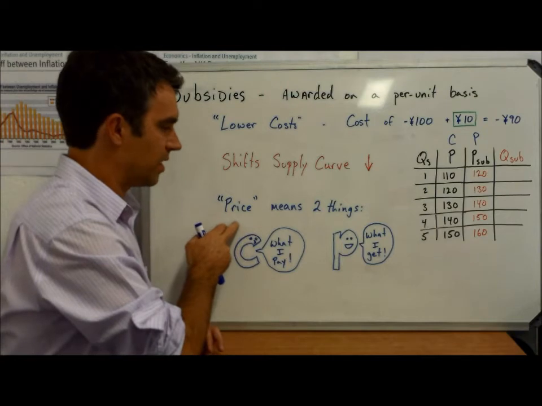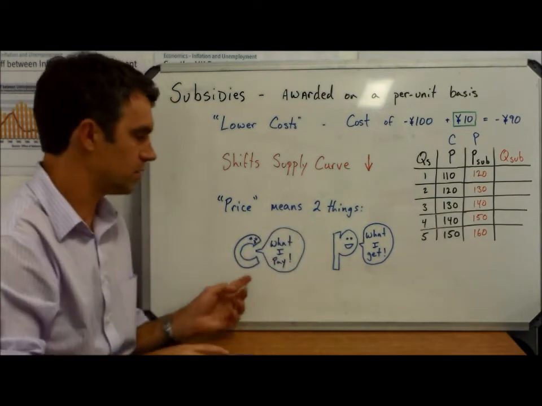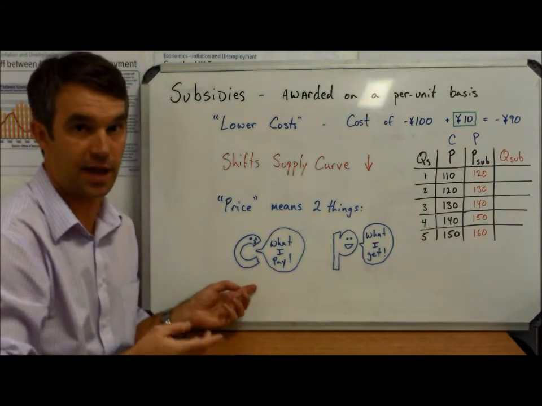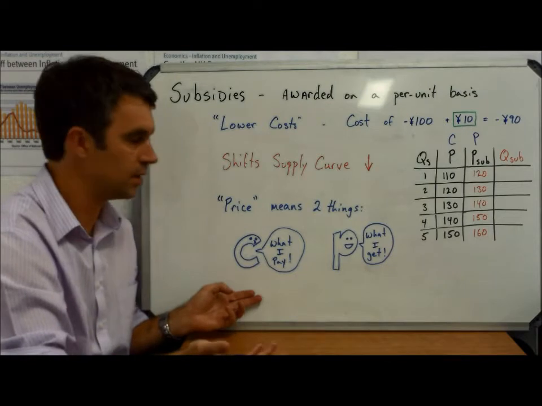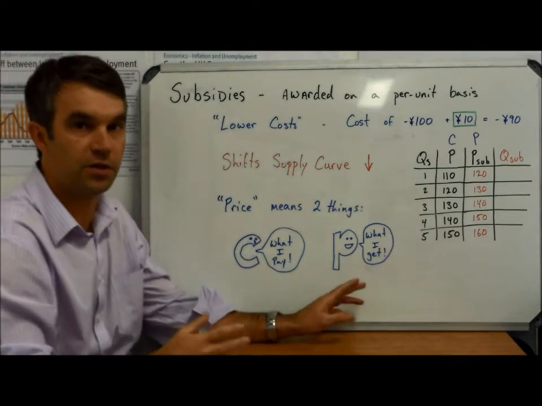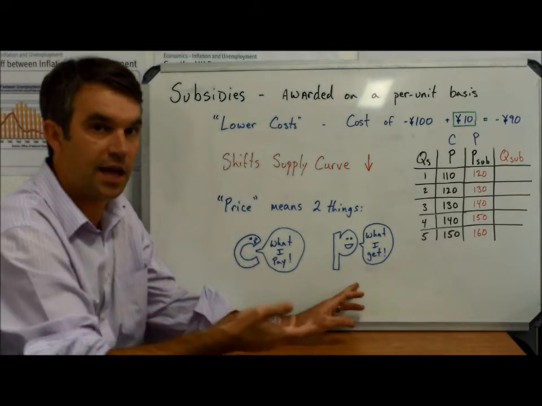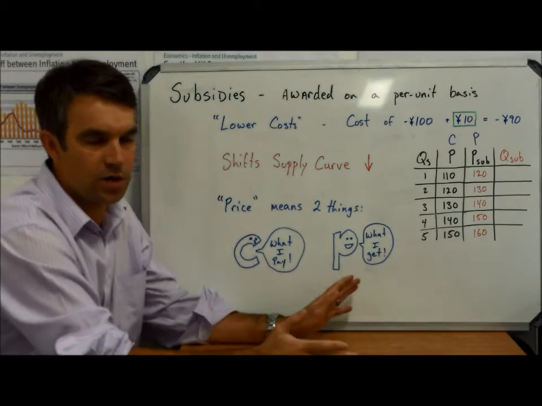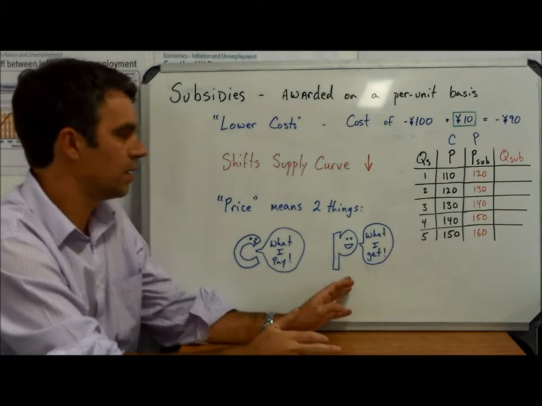Keep in mind that we have to think about price meaning two different things to two different people. To consumers, they think of the price as what they pull out of their wallets and give to the person selling the good. The producers, though, think of price as, well, what do we get every time we sell one of these goods? And we are talking about in terms of revenue, not profit, not yet.